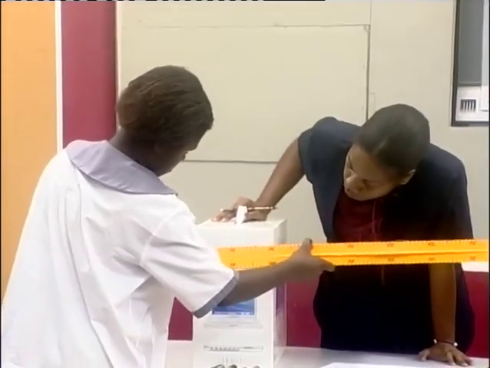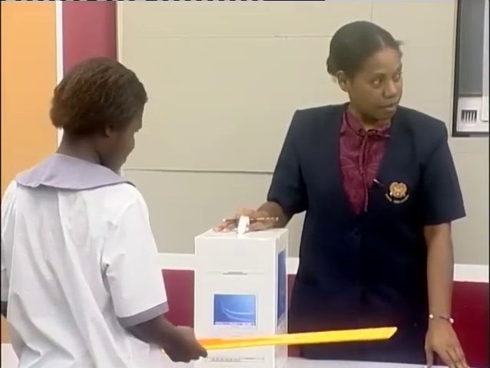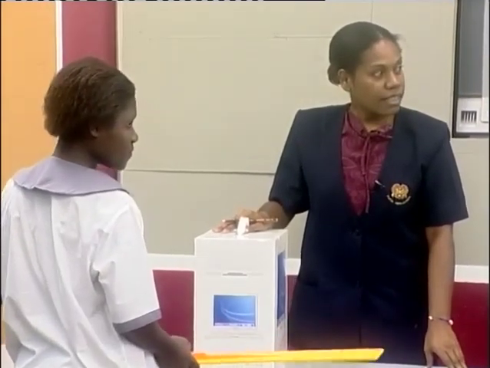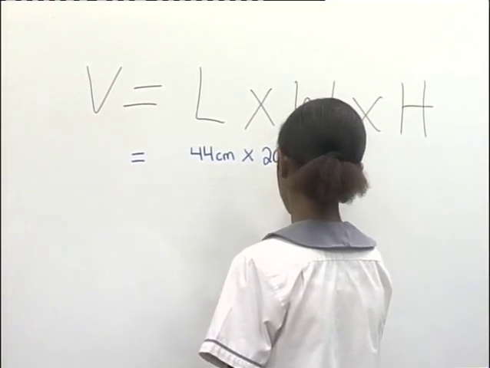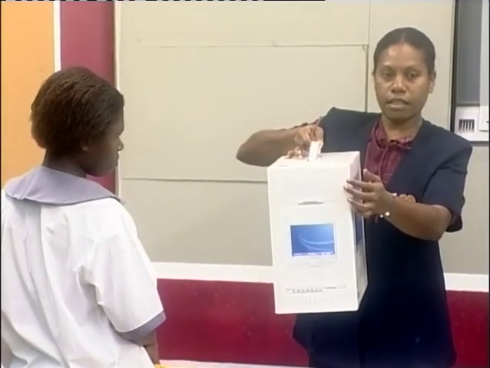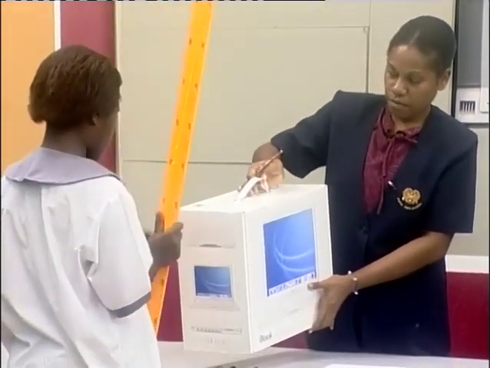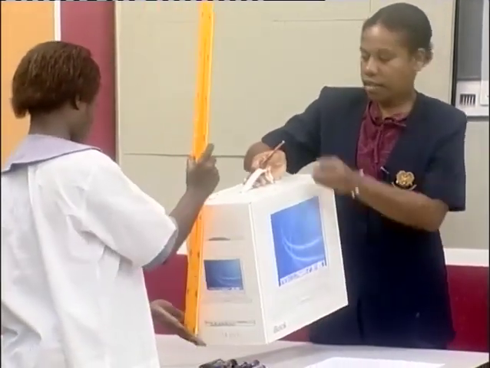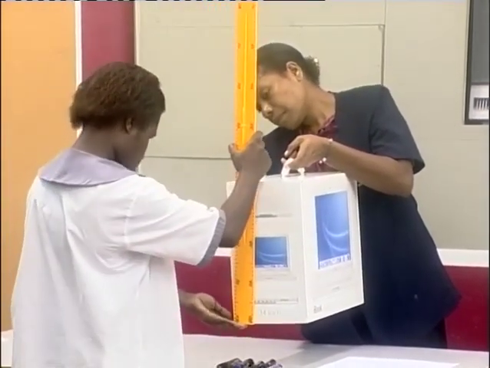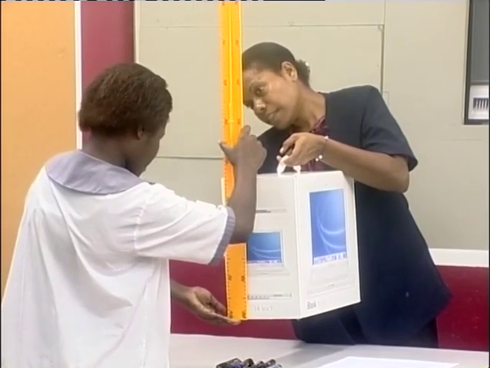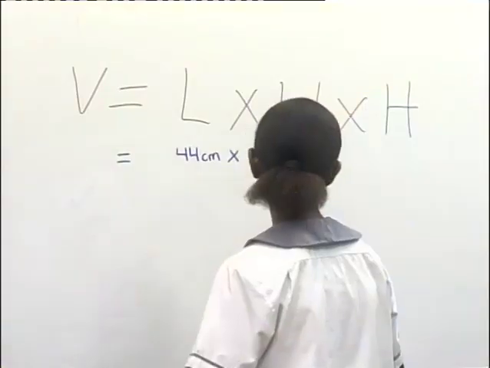Starting from 0. 20. Okay, good. Now the height. Which should be the height? This one. Okay, good. Starting from 0. 36, good.